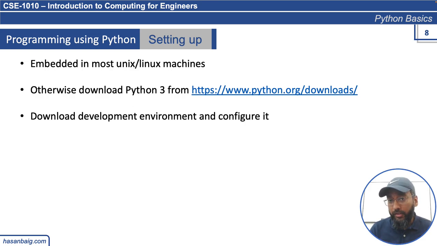If you're using Windows, you need to make sure whether you already have it installed, but I believe that the new Windows operating systems have Python already installed. But in case it is not installed, you can install the latest version, which is Python 3, from this link. Okay, and the next thing is to download a development environment and configure it.